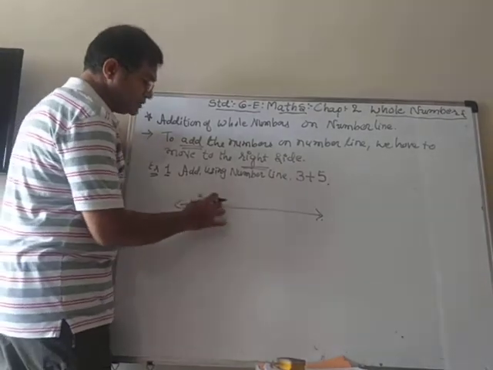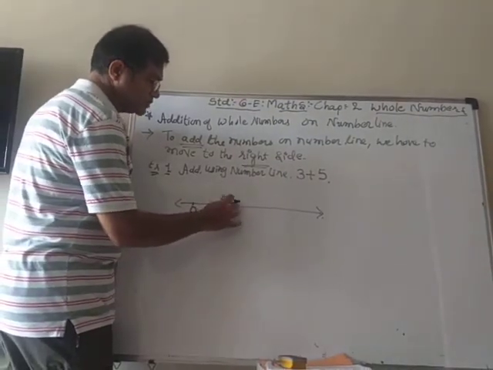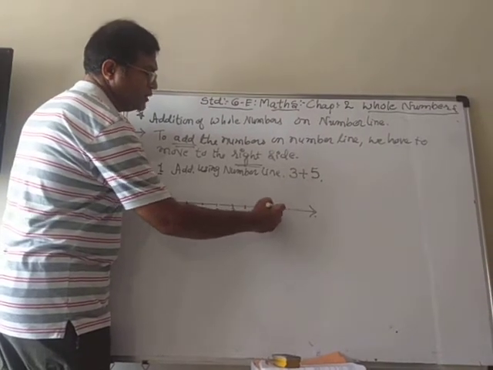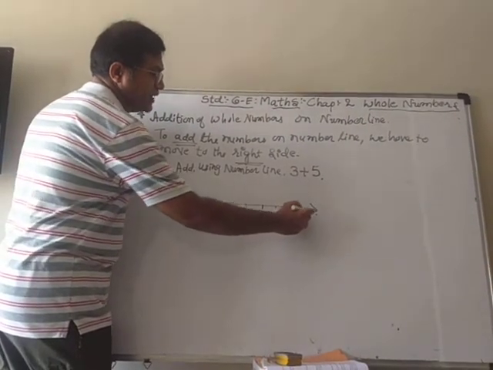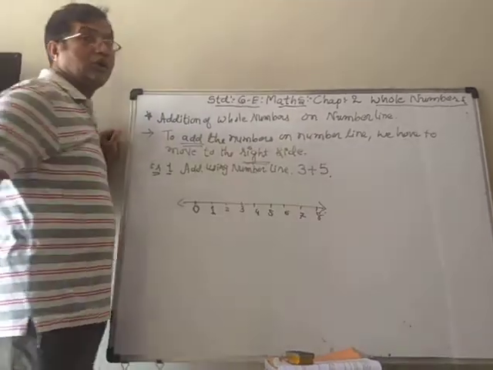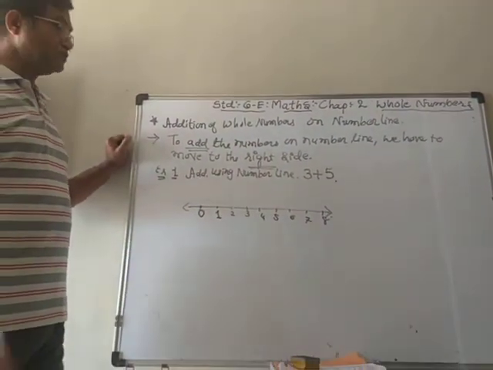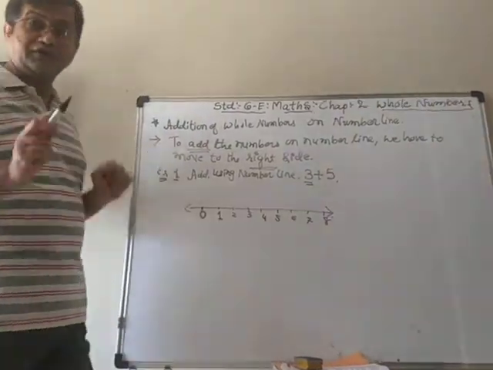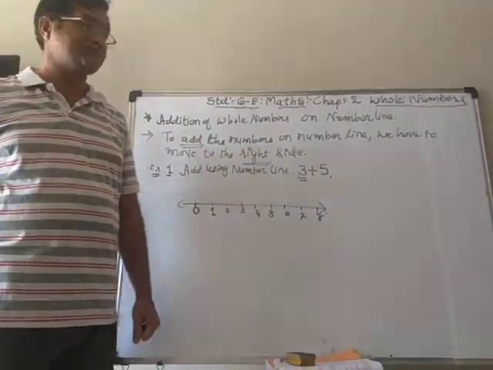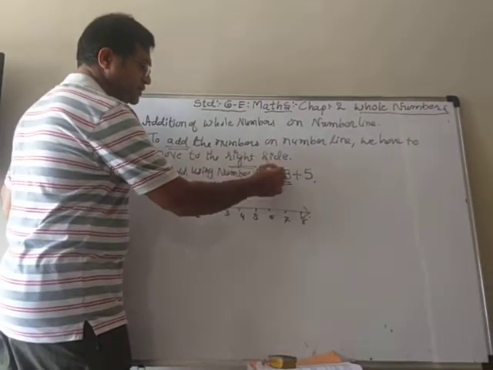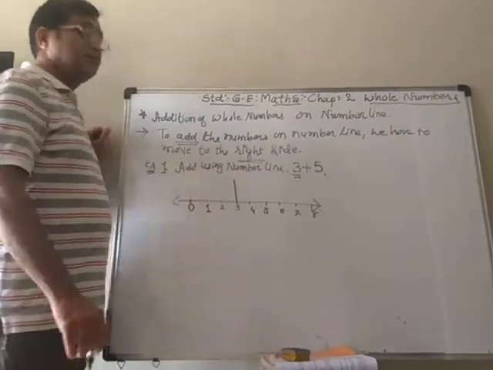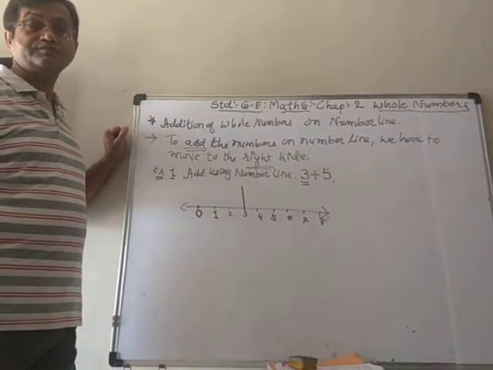So same distance, 2, same distance, 3, 4, 5, 6, 7, 8 and so on. Now check first number. From the first number we have to start. So here 3. So at the 3 you will draw the straight line.